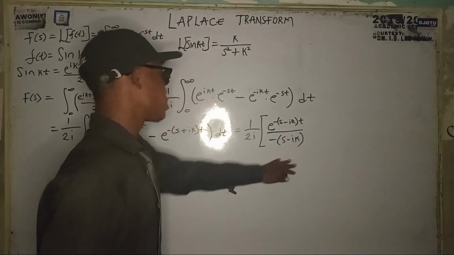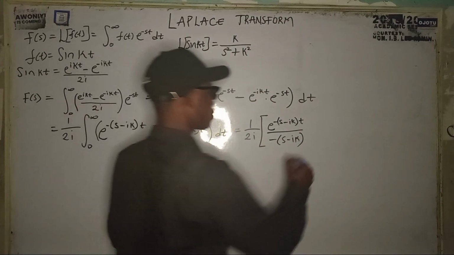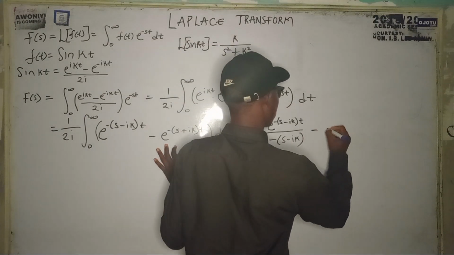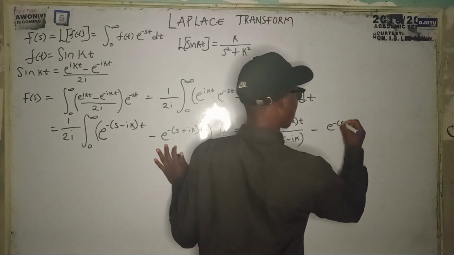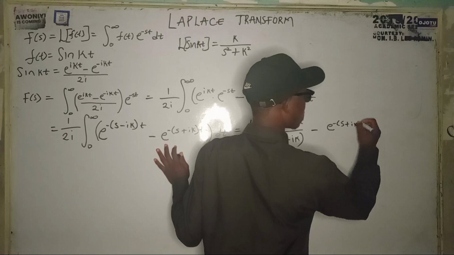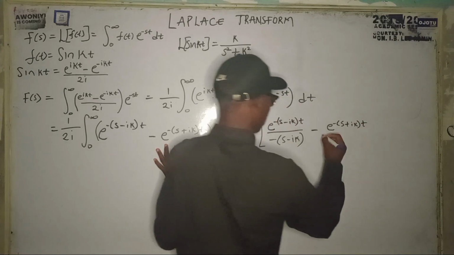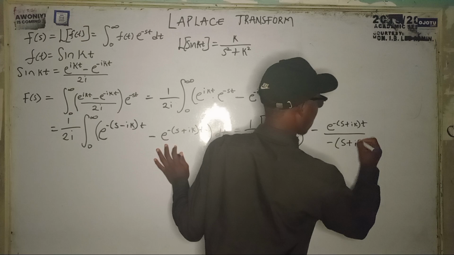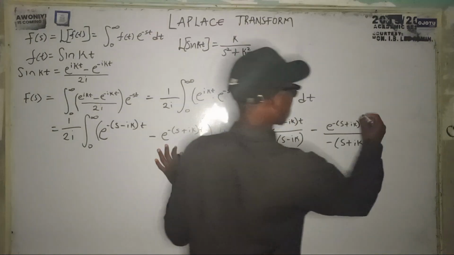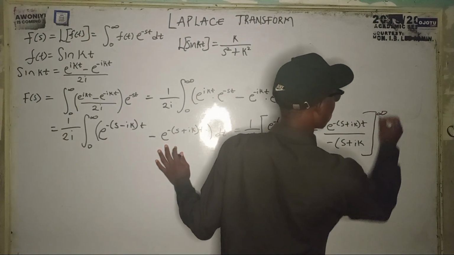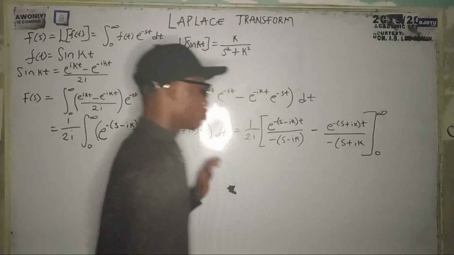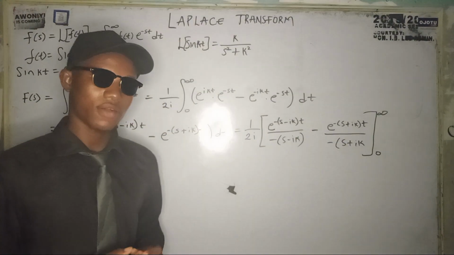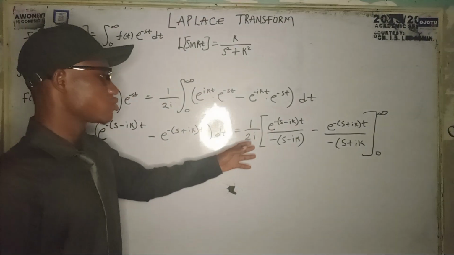So we would have this there, and then for the other side, we would have minus e raised to the power minus, in brackets s plus ik, to the t, over minus, in brackets s plus ik. Now from 0 to infinity. So this is what we are going to have from here.